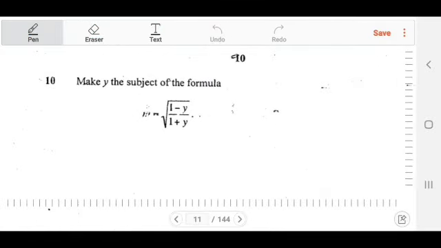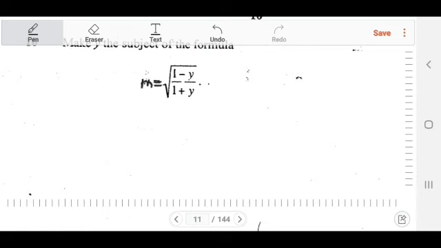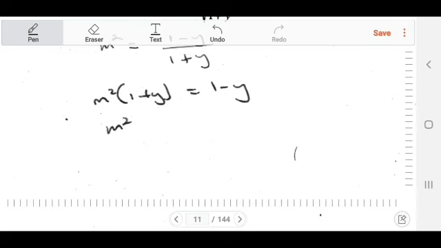Number 10, make y the subject of the formula. Okay, so this is m equals the square root of the fraction. What I can do is square both sides and get m squared equals 1 minus y over 1 plus y. Then I cross multiply, I get m squared times 1 plus y equals 1 minus y. This side I get m squared plus y m squared equals 1 minus y.